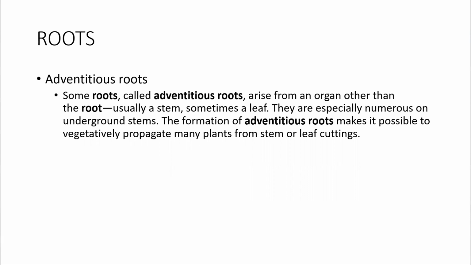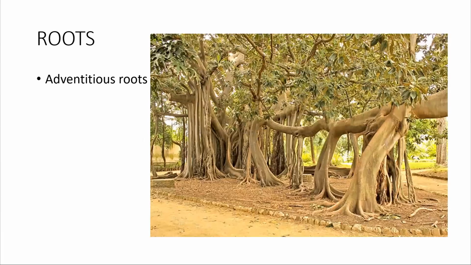The formation of adventitious roots makes it possible to vegetatively propagate many plants from stem or leaf cuttings. Okay, so we utilize plants' ability to create adventitious roots to our advantage, and we can utilize these to propagate these plants.